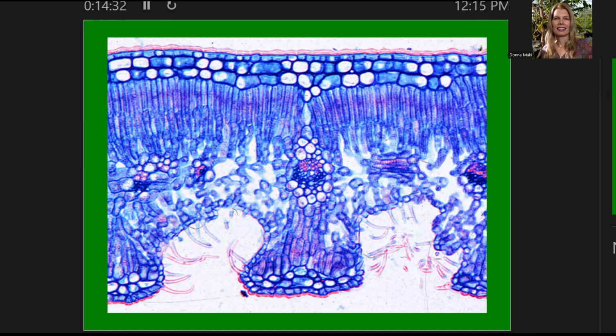So this really creates really low air molecule movement in here. And so again, really slowing down transpiration. And look, they even have quite a nice layer of wax, cutin wax, top and bottom. So this is a nerium leaf.